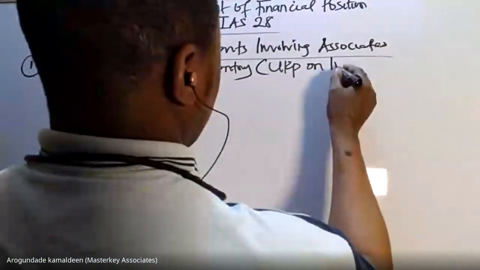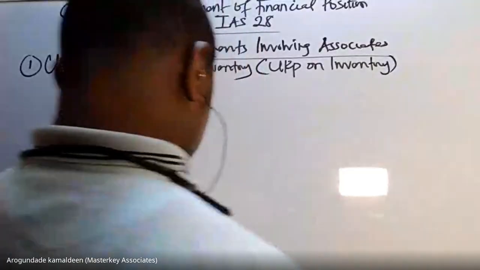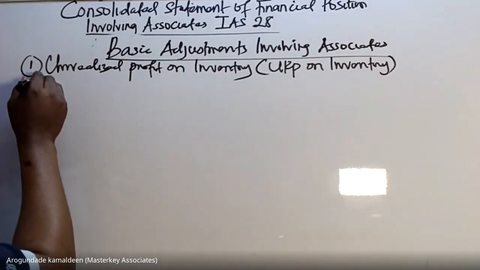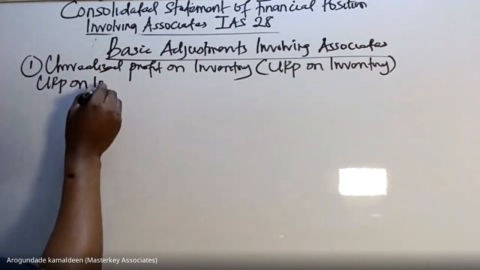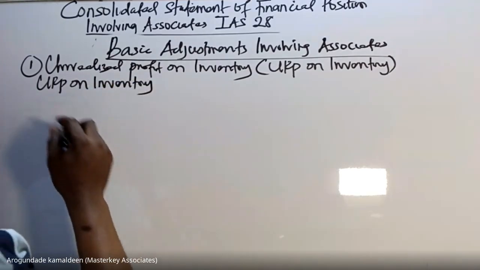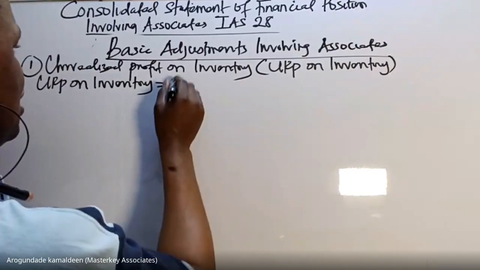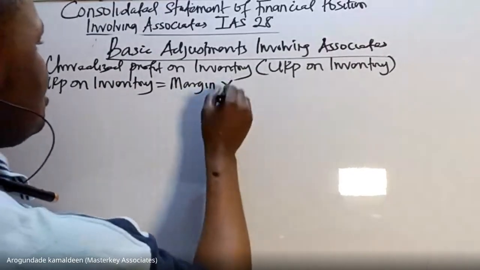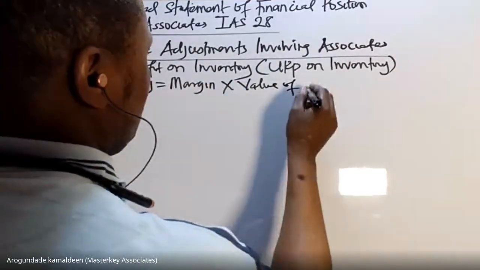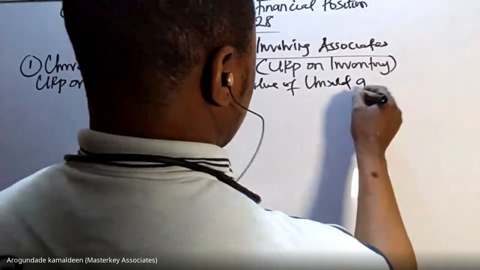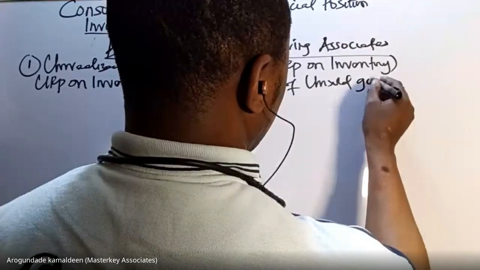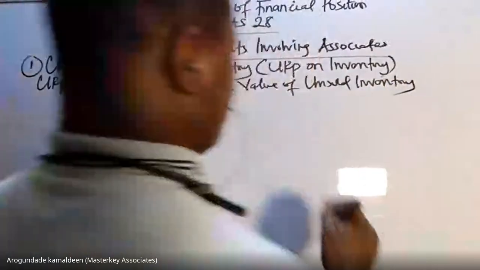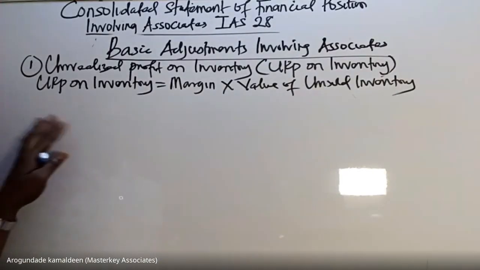Basically, we know that our URP on inventory, whether P or L or SOFP, is the margin times the value of the unsold inventory or goods. So this is the standard way.